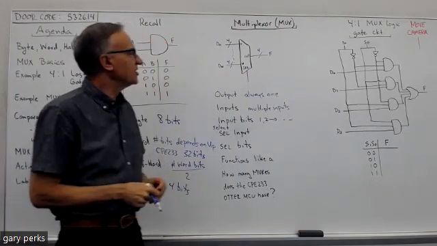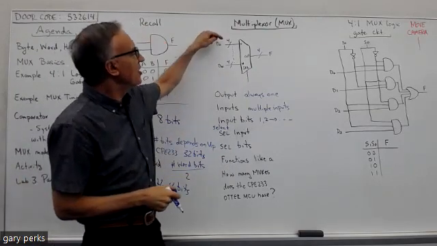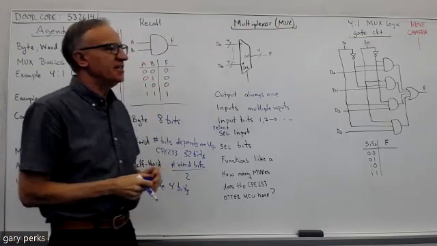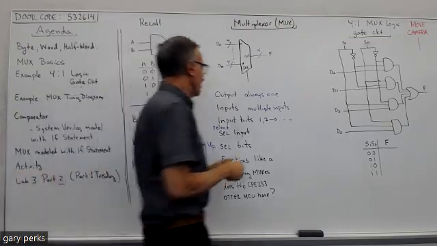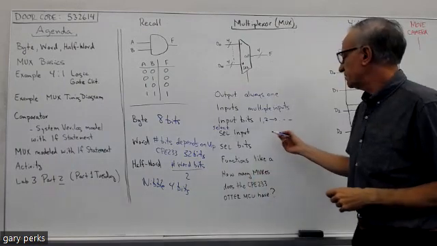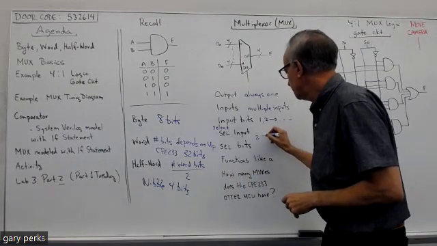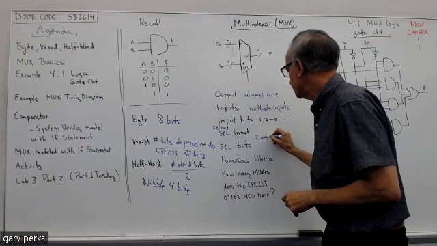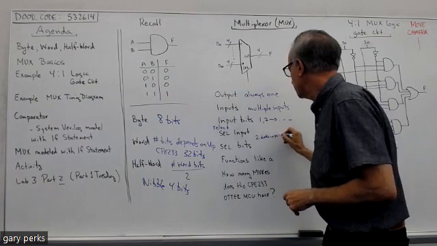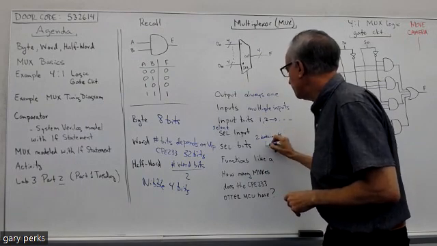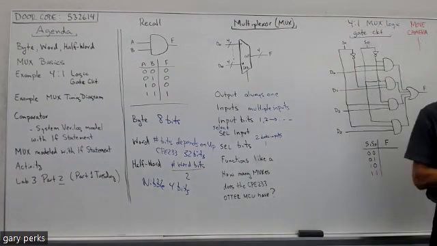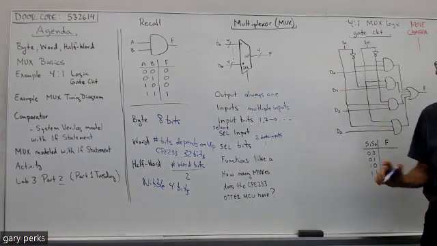This SEL is also an input, and the number of bits that you have on your select input depends on the number of data inputs. So if we have two data inputs, I would only need one select bit. I'll explain why that's so coming up.